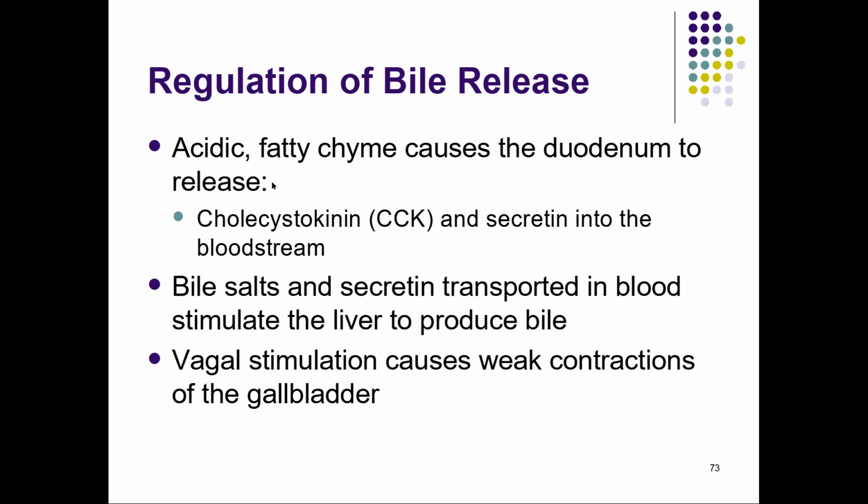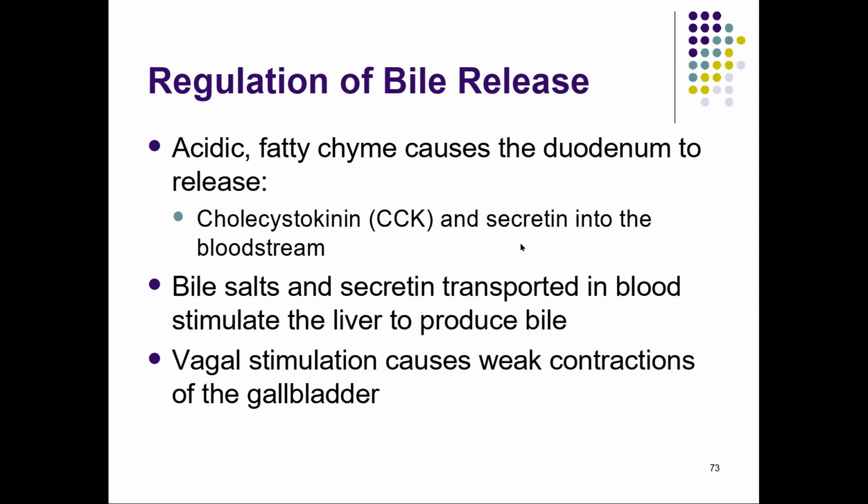So generally speaking, when the chyme comes in from the stomach and enters the duodenum, you have receptors that pick up the fat content. So if the chyme is high in fatty acids, you get the duodenum picking it up and causing the release of cholecystokinin, secreting into the blood.